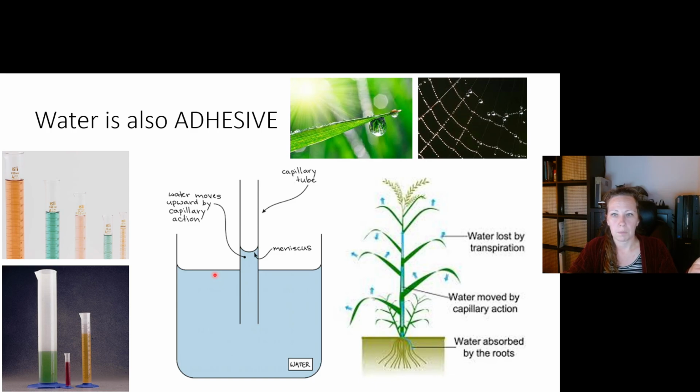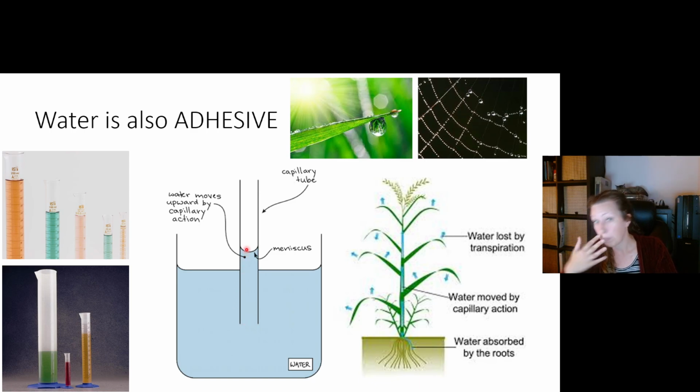So glass is more polar than water. Hence, the hydrogen in the water is going to form hydrogen bonds with the glass, and that is why you get a meniscus in glass. That's also why if you stick a capillary tube into some water, it will actually move up the capillary tube.